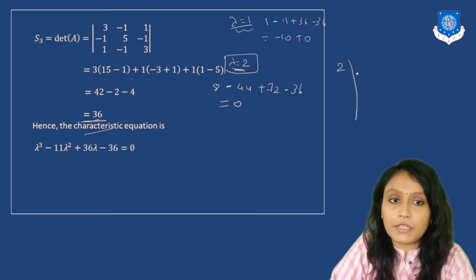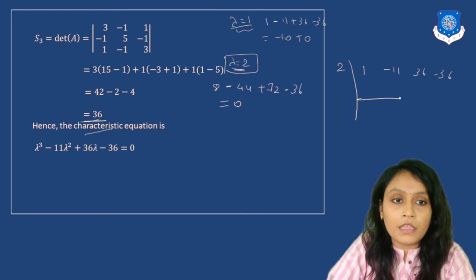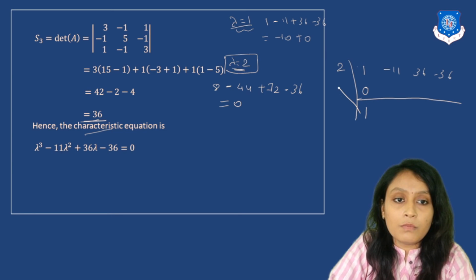So 2 we will keep here and here we will write the coefficients of lambda, that is 1, minus 11, 36 and minus 36. Okay, now we will write 0 here and we'll bring this 1 down. Now we have to multiply, right? So 1 into 2, we will write 2 here.